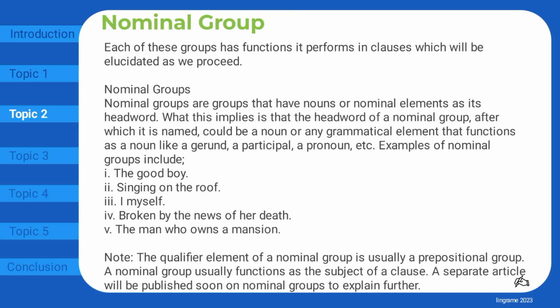Note, the qualifier element of a nominal group is usually a prepositional group. A nominal group usually functions as the subject of a clause. A separate article will be published soon on nominal groups to explain further.